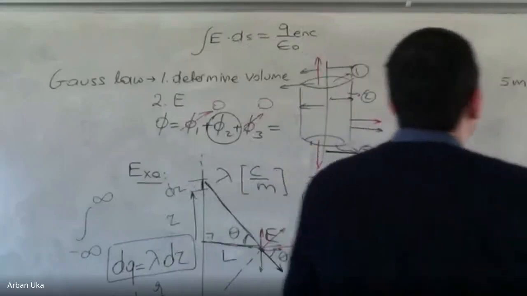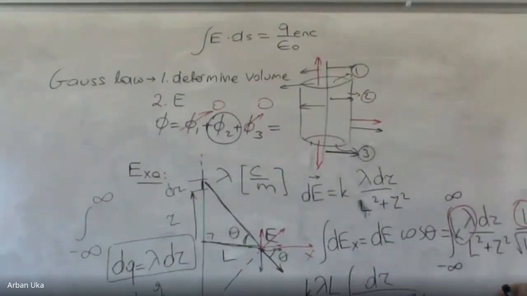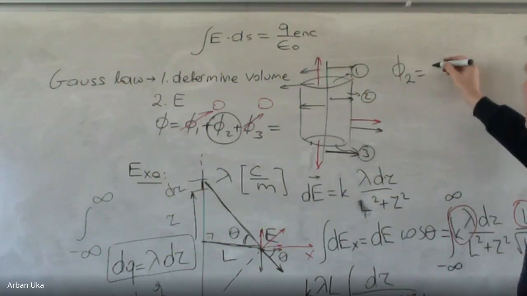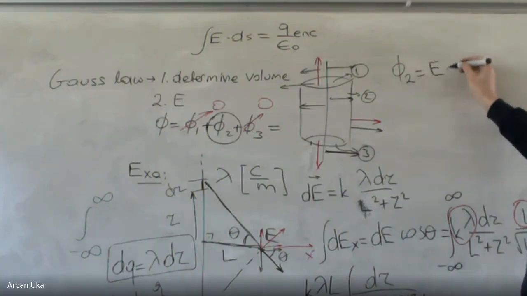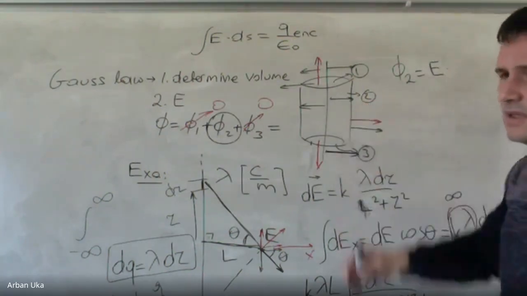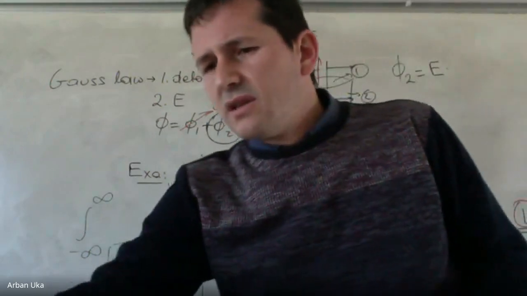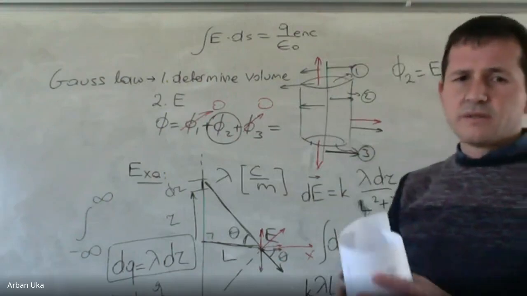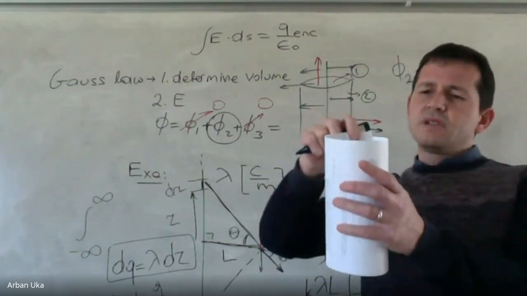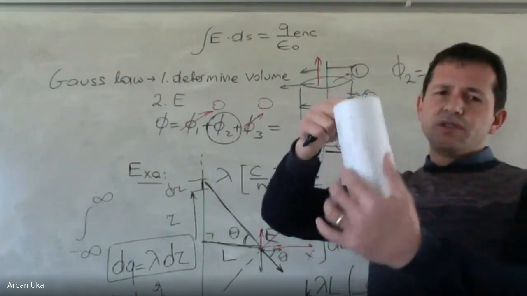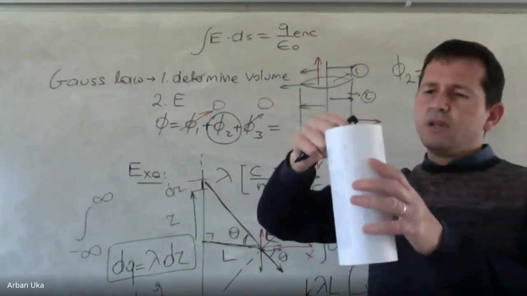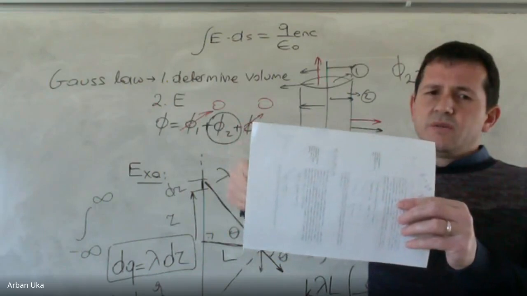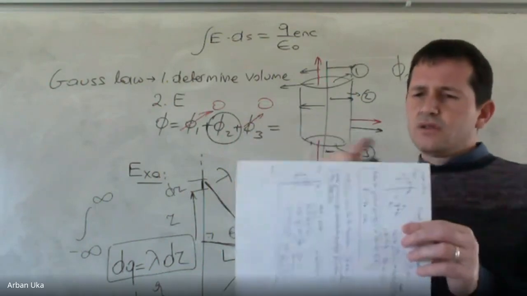Flux 2 is equal to the electric field times the surface area. So what is the surface area of a cylinder? This is the cylinder, and the outer surface area that we want to consider, if you open this up, is this side times this side.